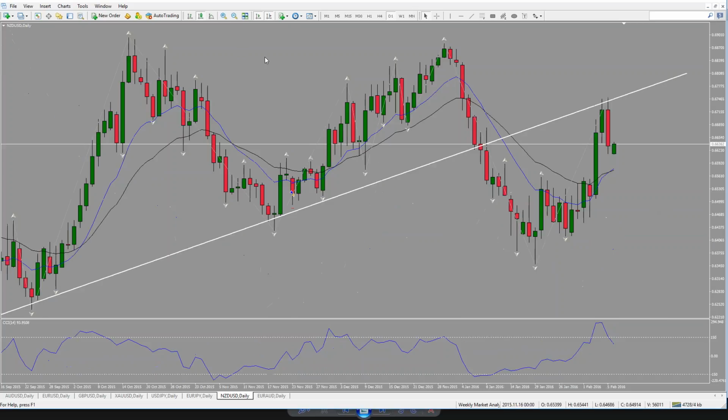Okay, we have a situation where previous support looks like it could be resistance now. And that looks to me like what's that, guys?